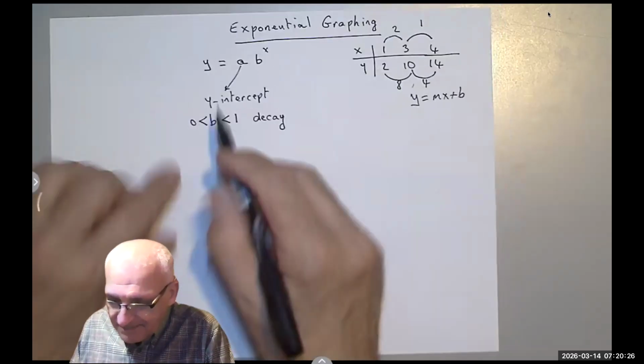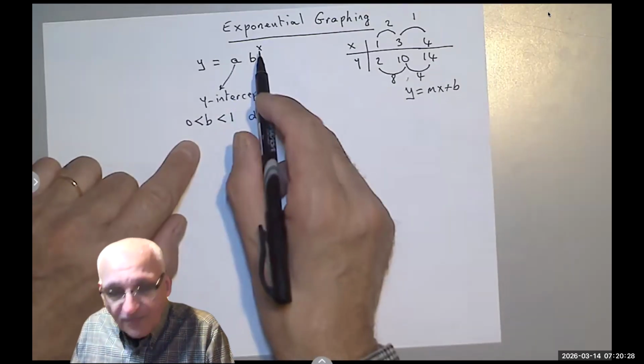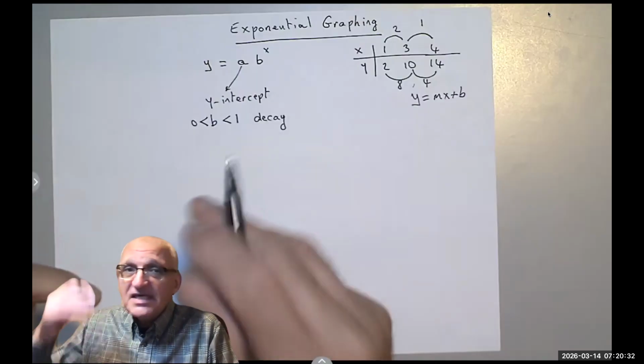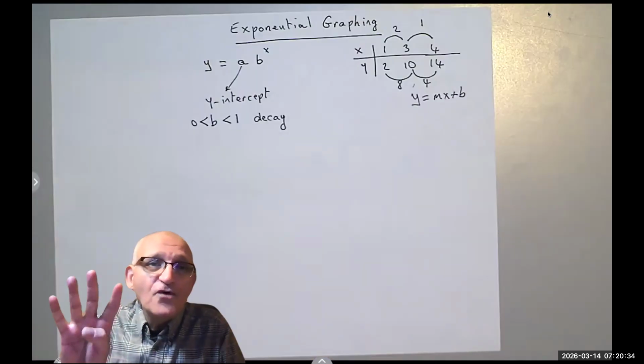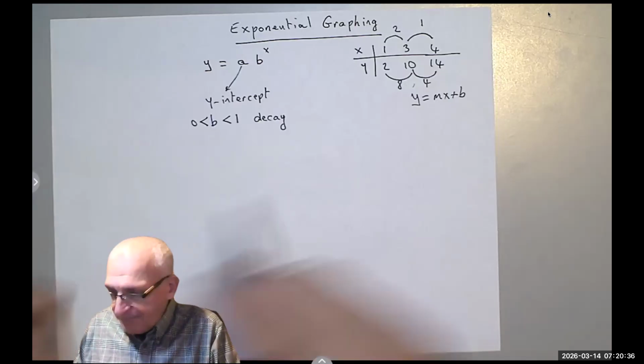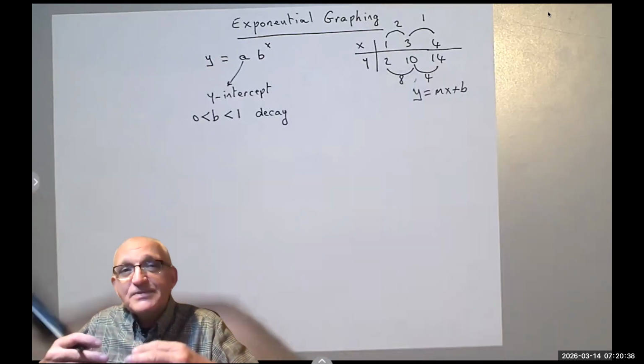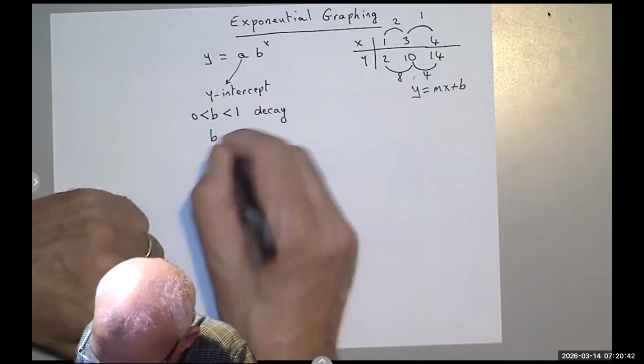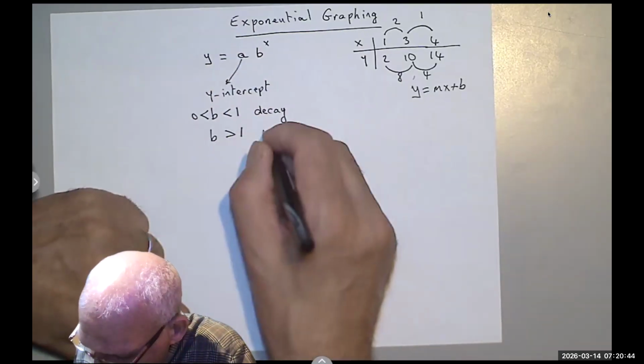So here it may drop by the same factor for every increase of x, not by a specific value but by a specific product. And if b is greater than 1, we say that's a growth.